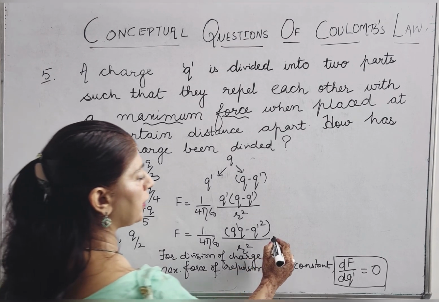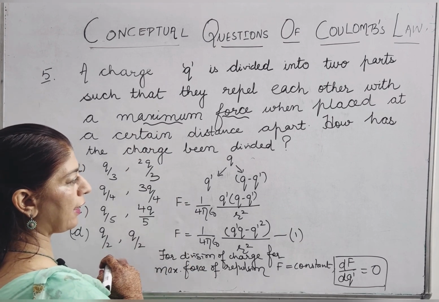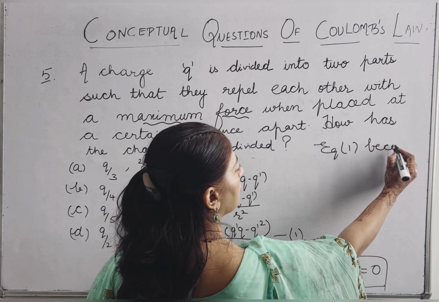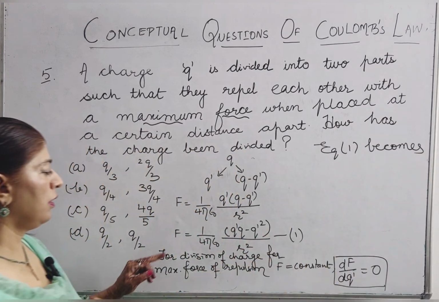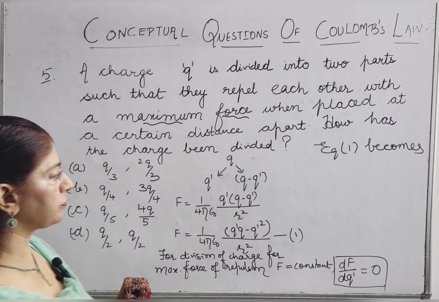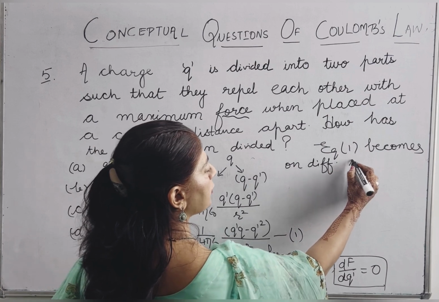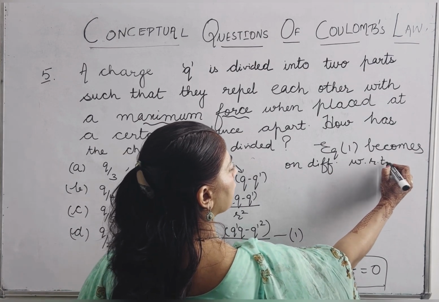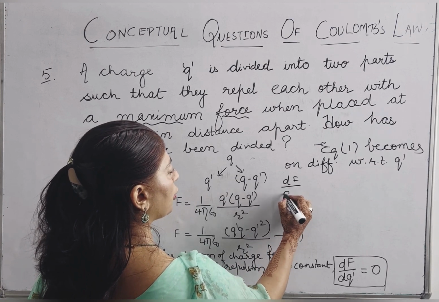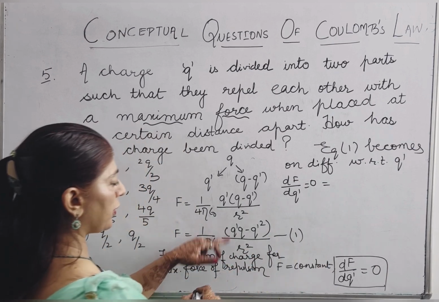Using this condition in equation number 1, according to the statement, after differentiating equation number 1 with respect to Q dash, we have dF by dQ dash equal to 0. It is now differentiating this part.